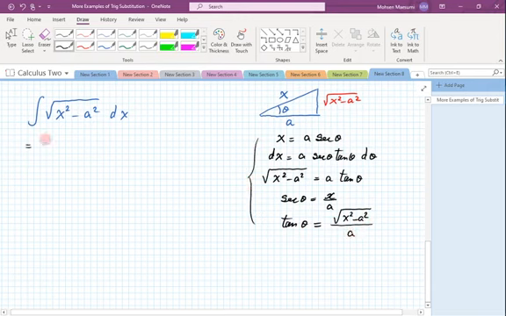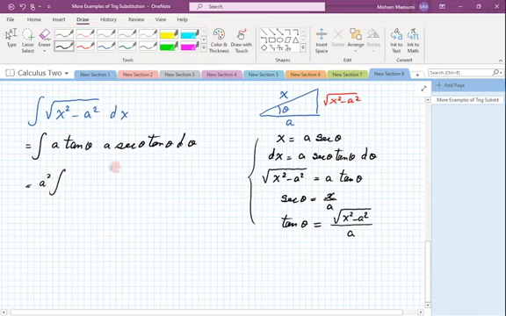Now I come back here, I have that the radical expression is a tangent theta. Dx is a secant of theta tangent of theta d theta. Now let's combine it. A and a is an a squared, which comes outside. Then I have tangent squared times secant. Well, what to do now?